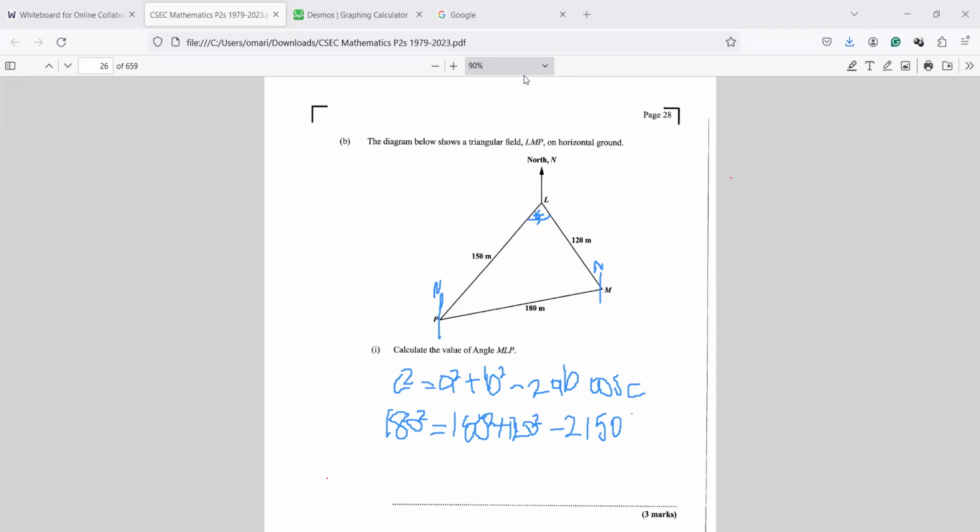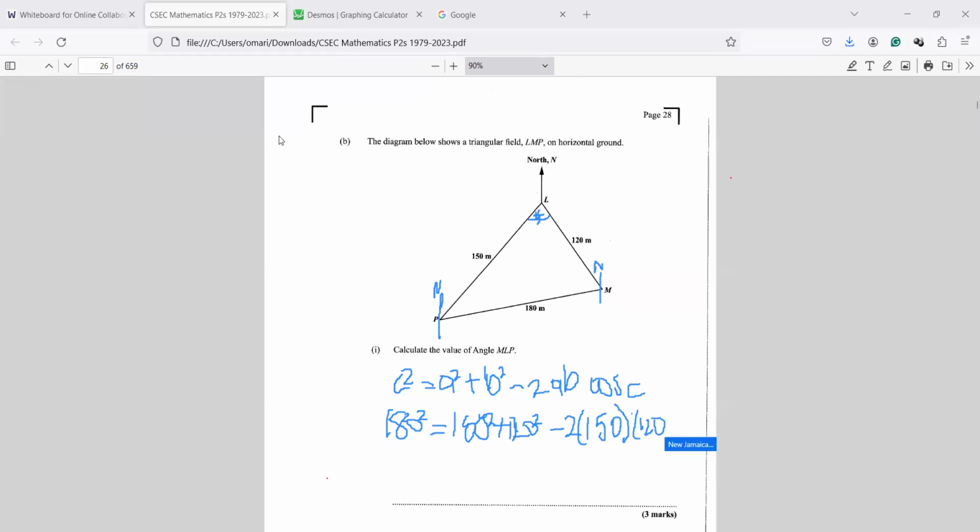The formula varies, guys. So sometimes you might see where they switch it around to say A squared is equal to B squared plus C squared minus 2AC cos A. It depends on how you word it. So it's not incorrect to put the letters in different places, but ensure that they coincide.